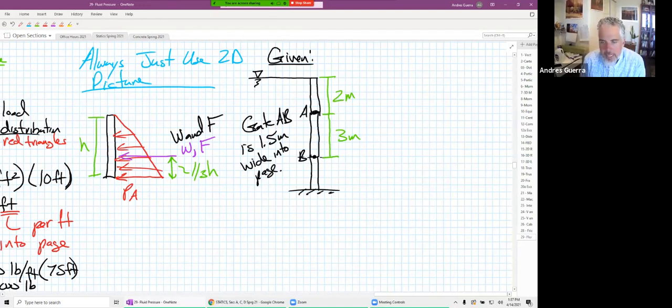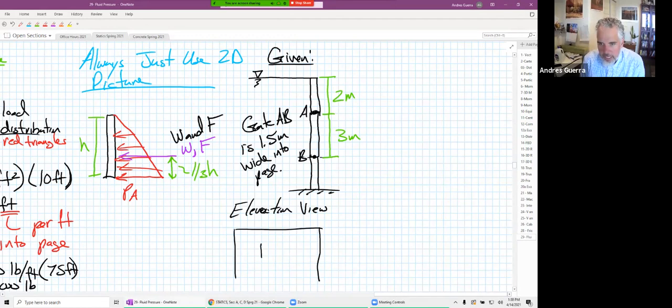If we looked at an elevation view, so the one up here is really a section view, our elevation view would look like this. We have this wall, and then we have a gate that looks something like this. So this is our 1.5 meters by 3 meters.